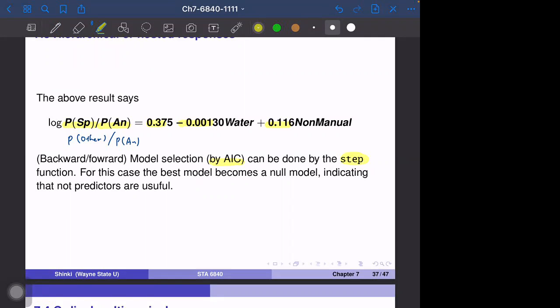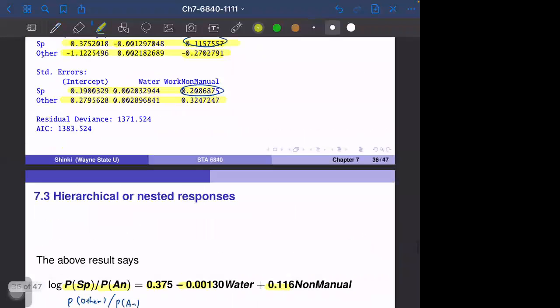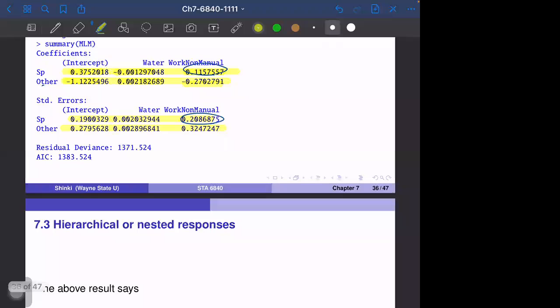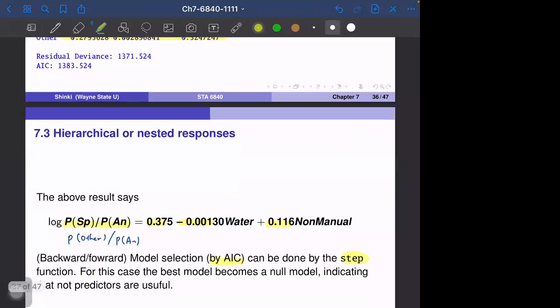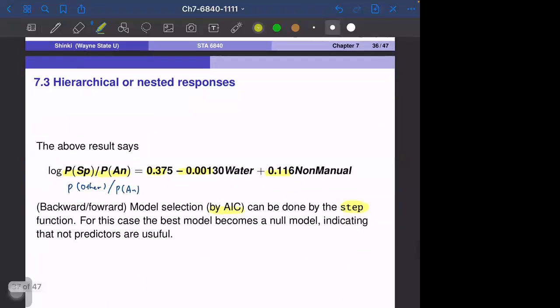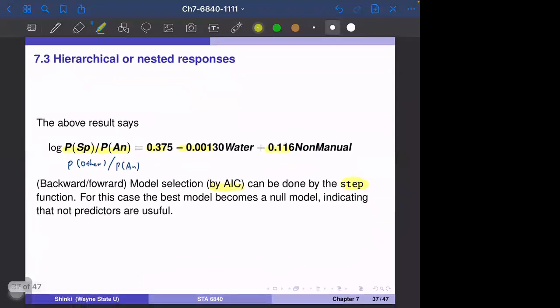But actually, as we can imagine from this regression output, no predictors, water or work, are significant or useful for prediction. So the null model is selected by AIC. So the implication is that it's hard to distinguish AN, SP, and other.